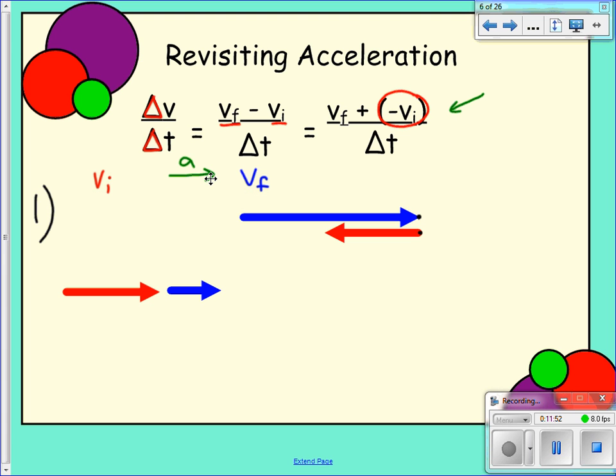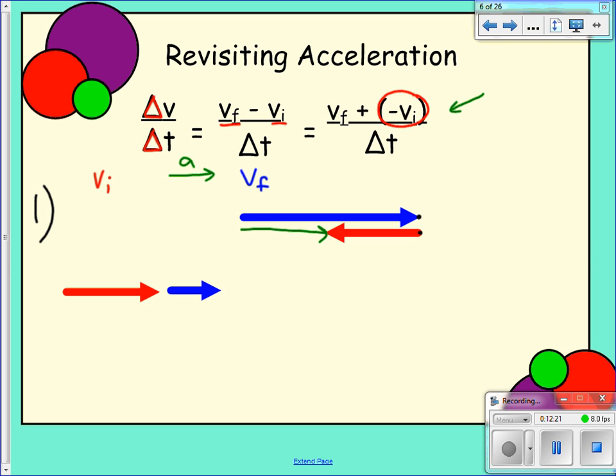So when we put those two vectors together, our resultant vector, the one that's left over, is going to be the difference between the two, or whatever is left over. And that's this part right here. Now, will this part be facing to the left or facing to the right? In other words, is our resultant vector facing the left or the right? Well, which arrow was bigger, the blue one or the red one? The blue one was clearly bigger, and so my resultant vector is going to be facing to the right.